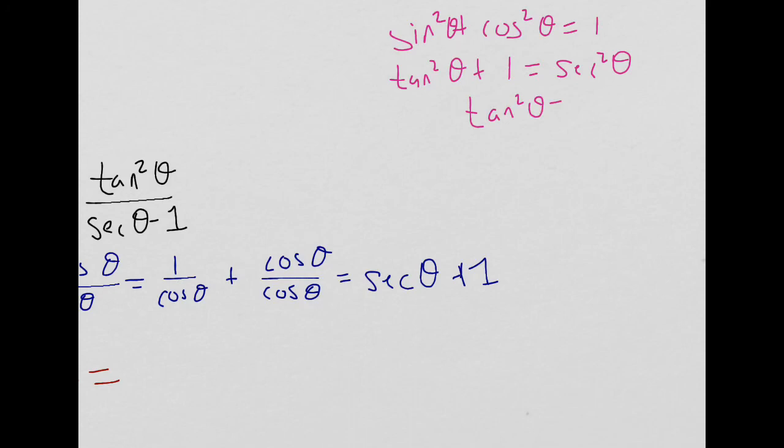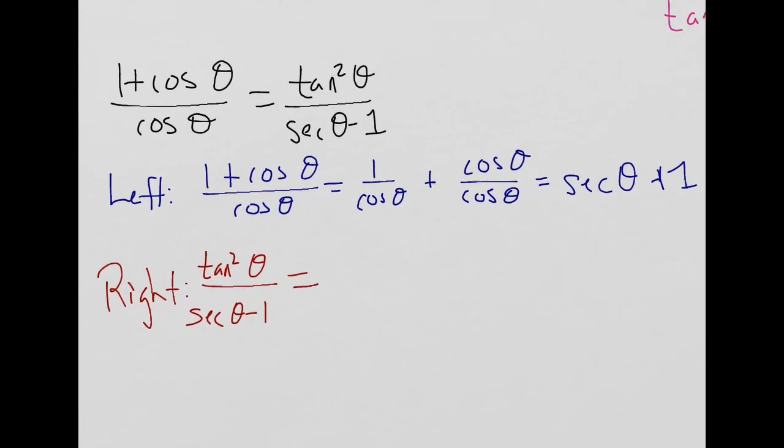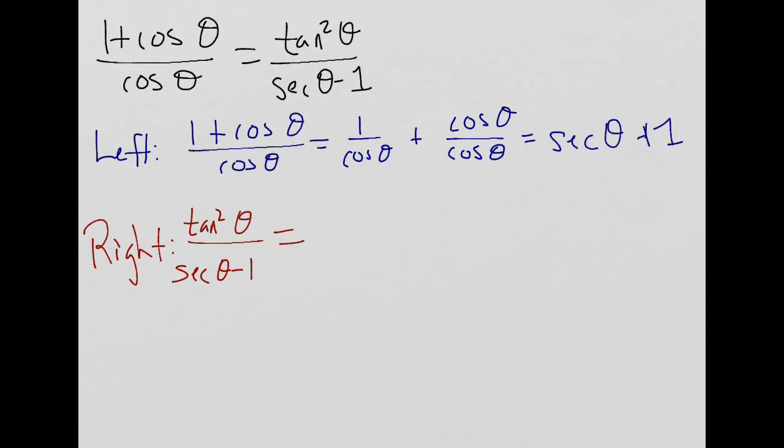So tangent squared theta is secant squared theta minus 1. Okay, let's use that. So my right-hand side over here, secant squared theta minus 1 over secant theta minus 1.